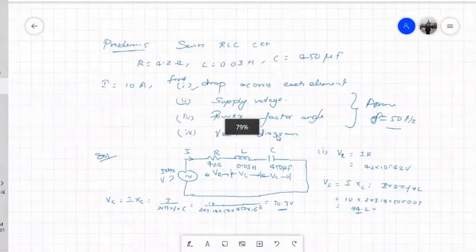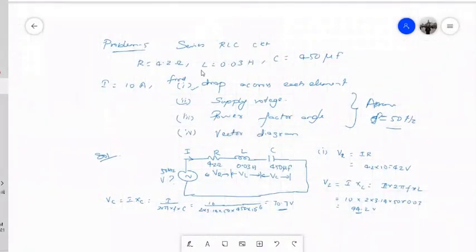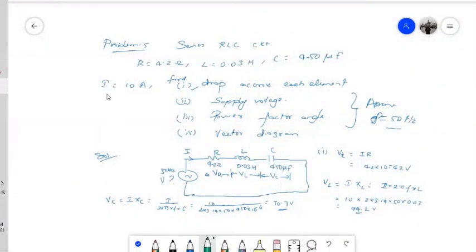Given data: it is given that your I is equal to 10 ampere, which, if you write it in polar form, has an angle of 0 degree. And if you look at the voltage drop across R, you know very well that there is no angle part to this. This will also be 42.